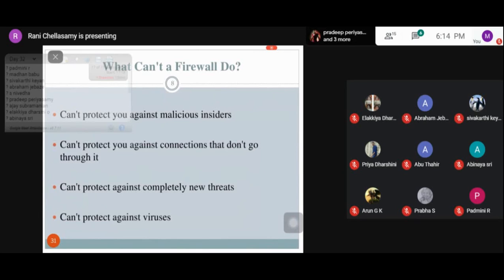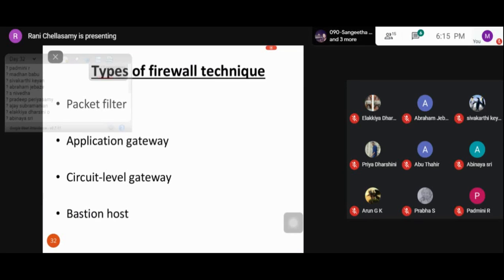It cannot protect against viruses also. Okay. So the main thing is that a firewall is used to protect from unauthorized access to your confidential information.